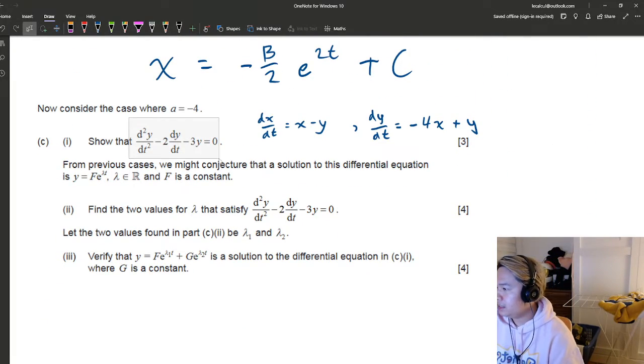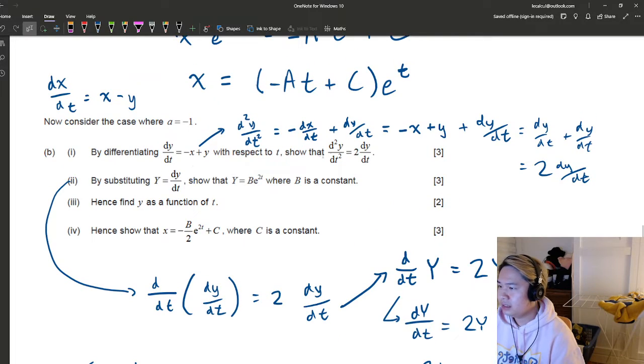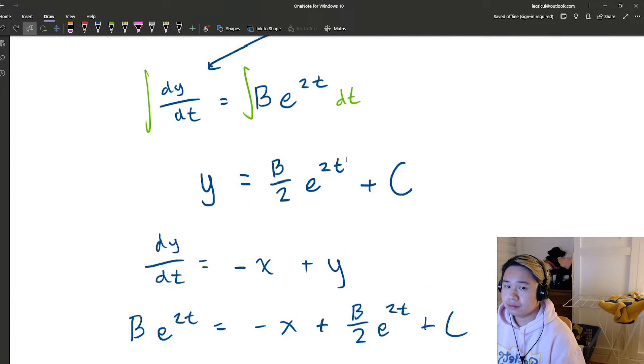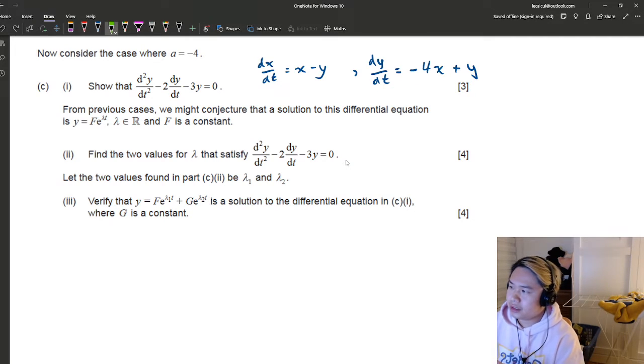Hence, show this. Okay, I think we're gonna do a similar process as here. So I'm going to take the derivative of the second linear equation so that I can get d squared y over dt squared.